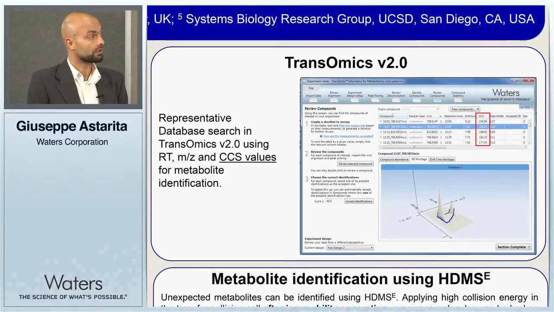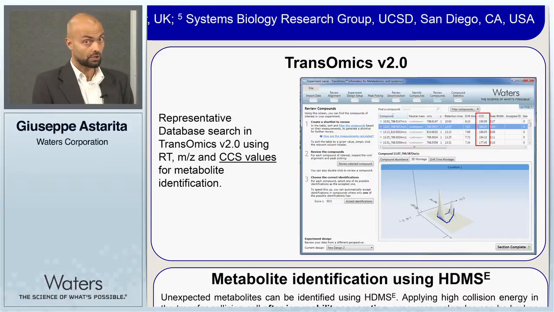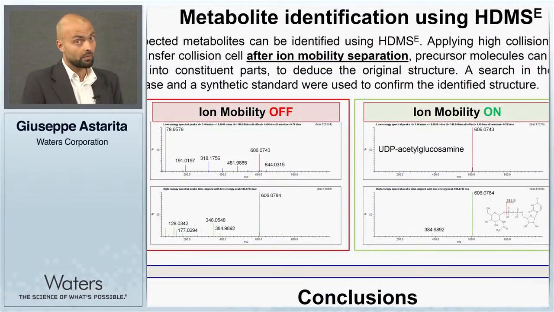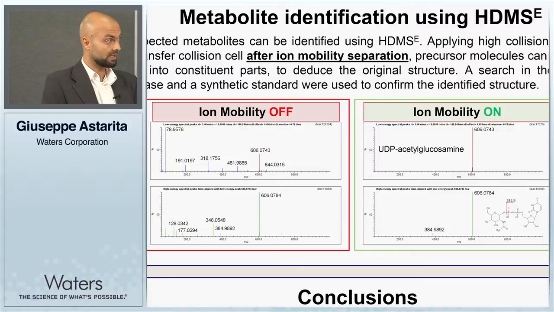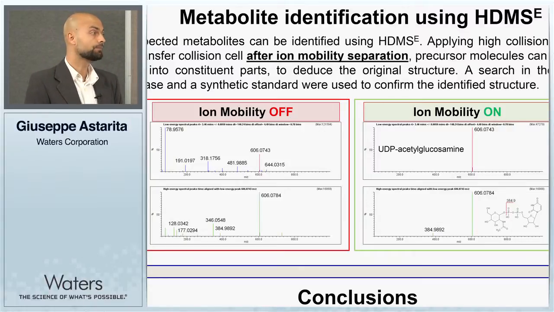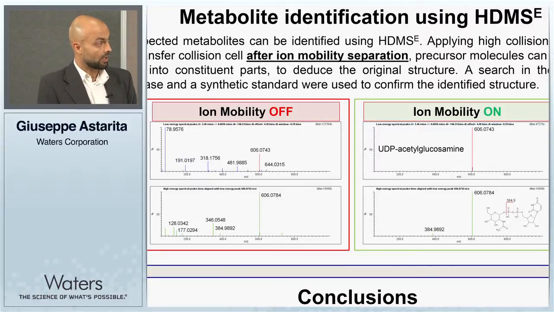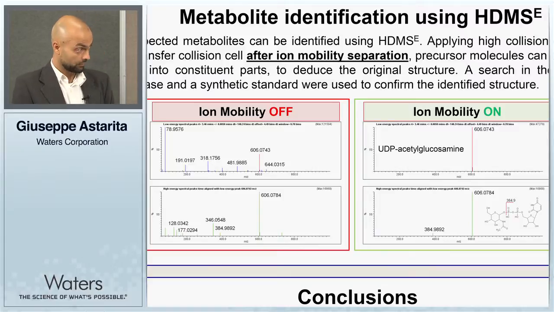The analysis was conducted using TransOmics Informatics version 2.0, which allowed a database search based on exact mass, retention times, and collision cross-sections. In addition to collision cross-section, ion mobility was used to increase the specificity of identification in HDMS2D mode. As you can see in the figure, metabolite identification using HDMS2D.